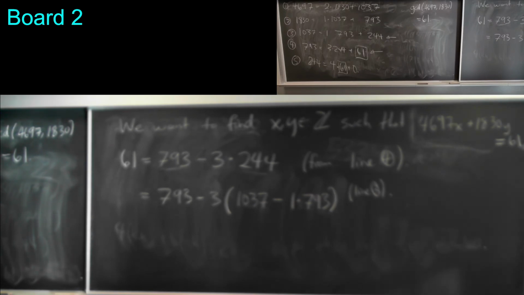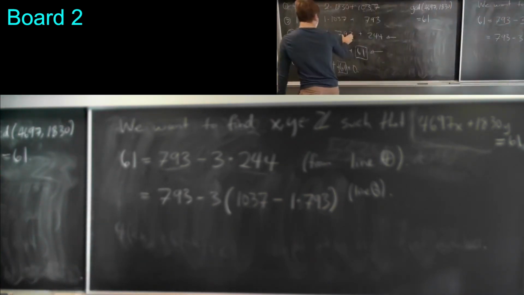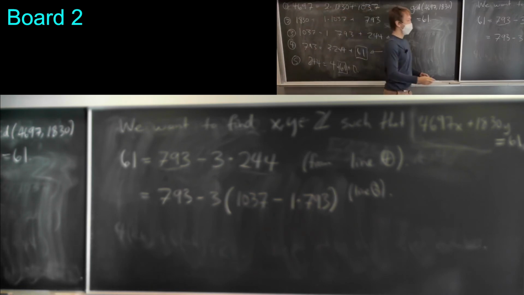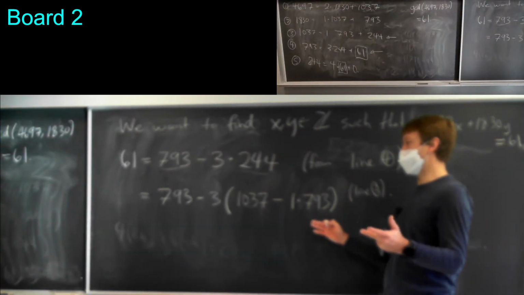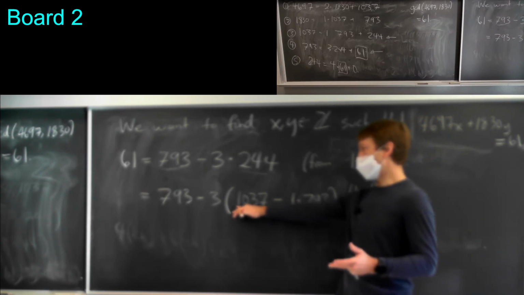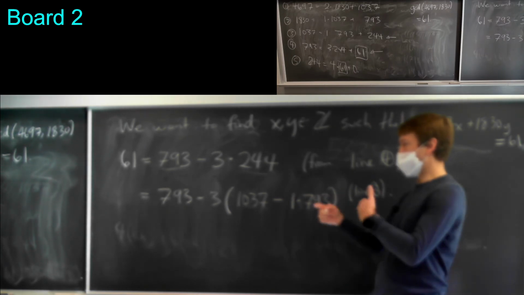Is it clear how I got that? I just took this thing and solved for the 244 by pulling that to the other side. Now, one thing I don't want to do is multiply things out. We're going to treat these numbers in here as variables and move things around.